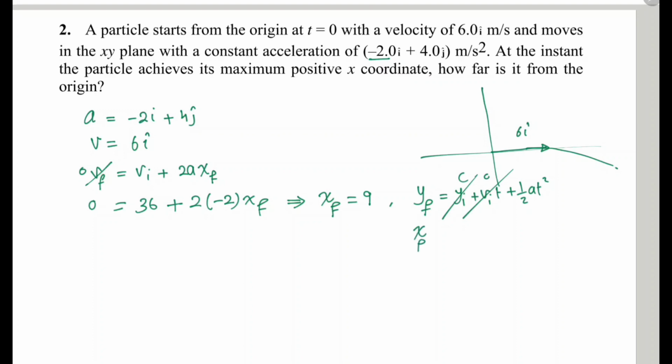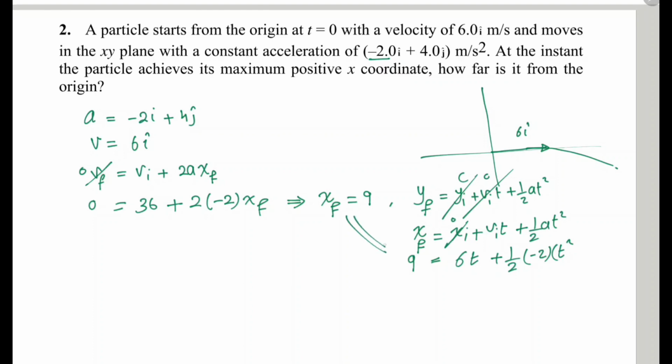So x final equals x initial plus v initial t plus half a t squared, and this is 0 right here. So it's equal to 6t plus half times minus 2 times t squared, all equal to 9.